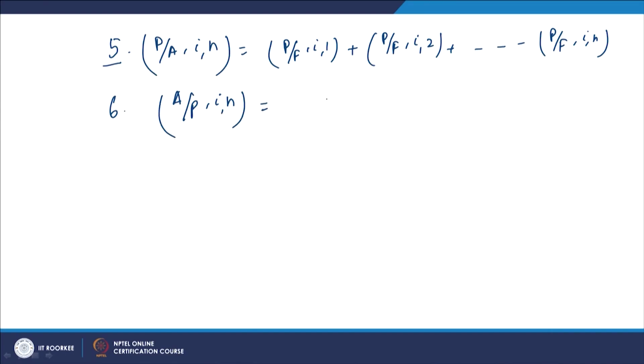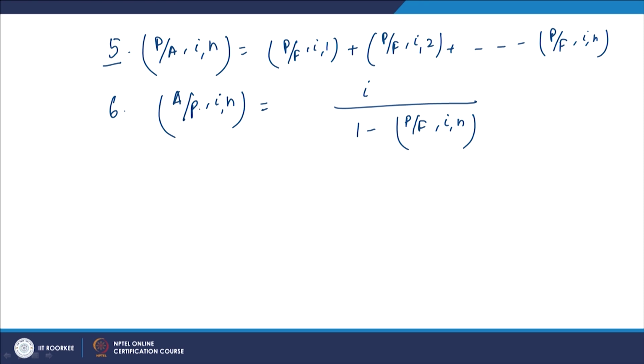Then you will have A/P at i, n. This is equal to i upon 1 minus P/F at i, n.